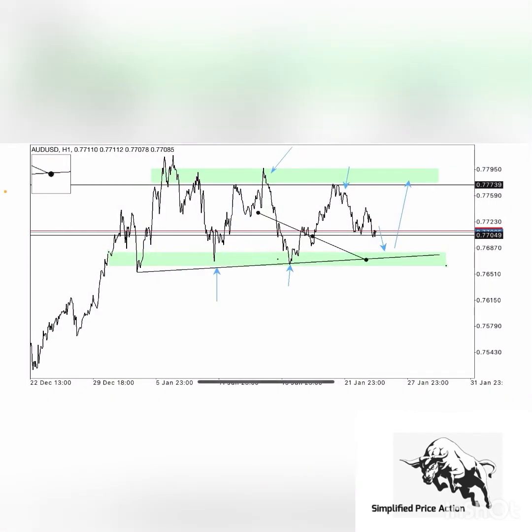Now we're looking for our overall resistance, and we can see that the graph has made its way to both these support and resistance trend lines, right? As you can see, same concept: sell at resistance, buy at support, sell at resistance, buy at support, right?